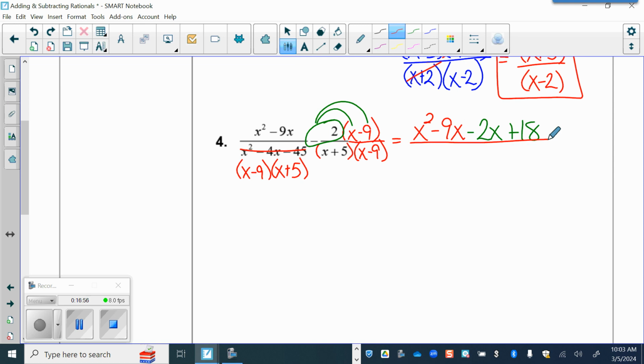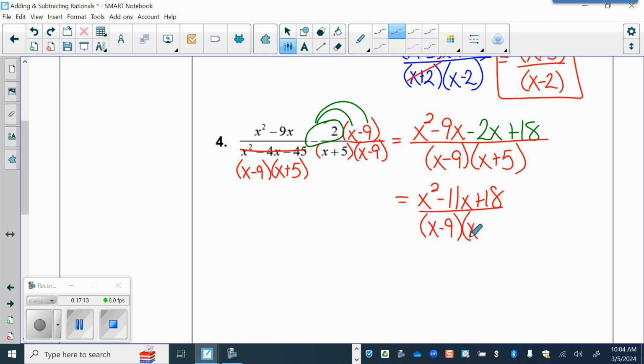The mistakes happen all the time. Okay, combine like terms. Factor that numerator.